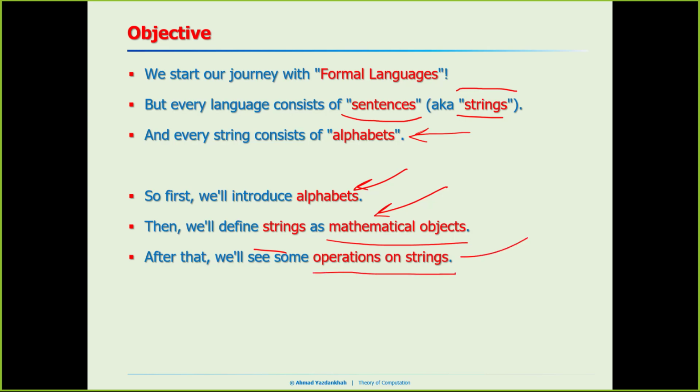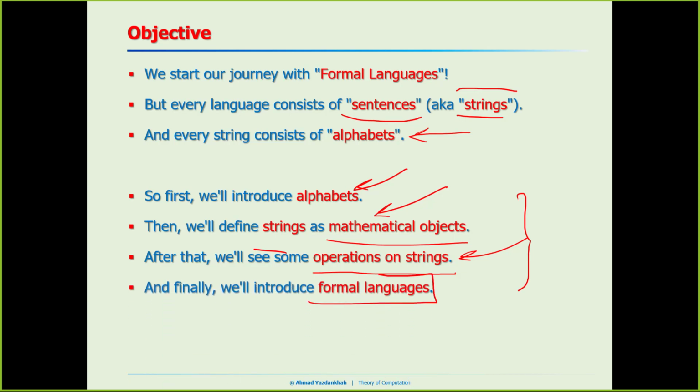You are familiar with the majority of them, but to be on the same page, I have to mention them from a mathematical point of view. When we finish this, then we will formally define formal languages. Let's start with the alphabet.